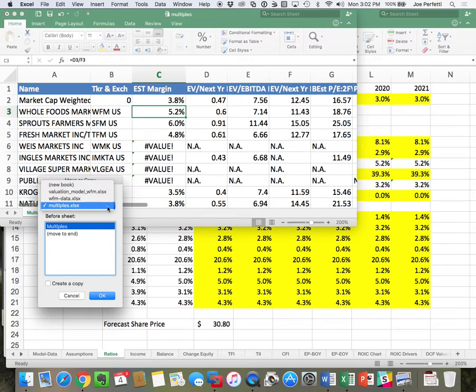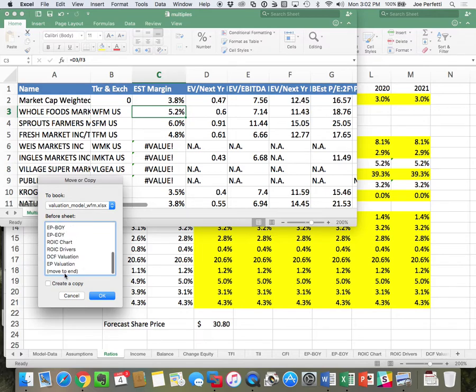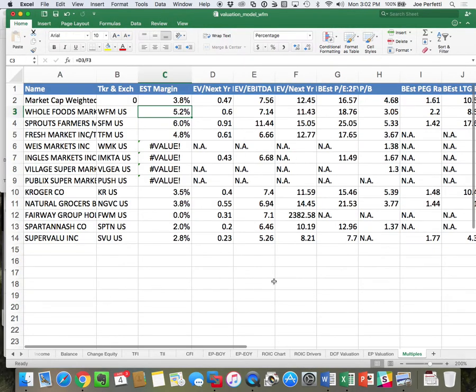I want to put it into my Whole Foods model. I want to move it to the end, hit OK, so that this is now part of my Whole Foods spreadsheet. That's what you're going to use for your next homework assignment. That's what you're going to use for your group project.